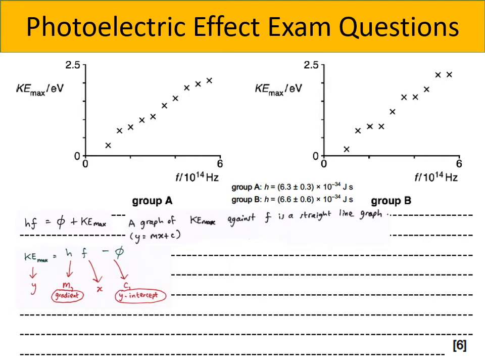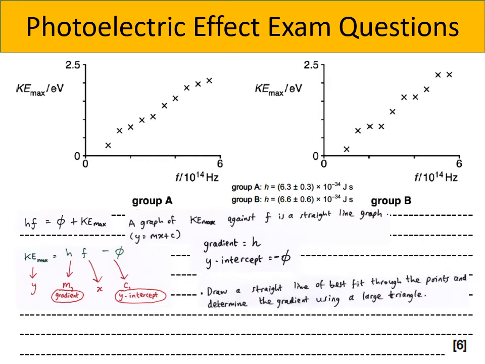So the y values are the maximum kinetic energy, and the gradient gives the Planck constant, and the range of frequency values are plotted on the x-axis, and the y-intercept is minus phi. So the important thing to note there is that the gradient is equal to Planck's constant, and the y-intercept is equal to minus the work function.